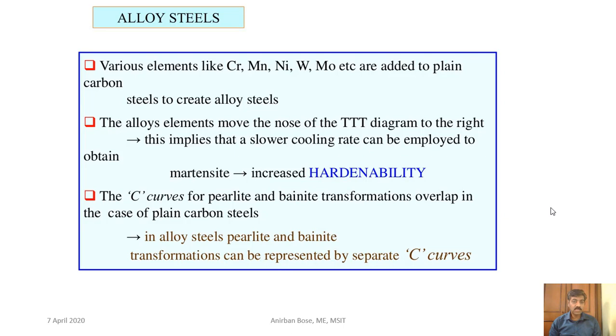So this in short is what hardenability is. Another thing is that the C curves that we have seen in case of plain carbon steel, where the pearlite and the bainite transformation actually overlapped, right? But when the alloying elements are added, you will find that pearlite transformation and bainite transformation have different C curves.